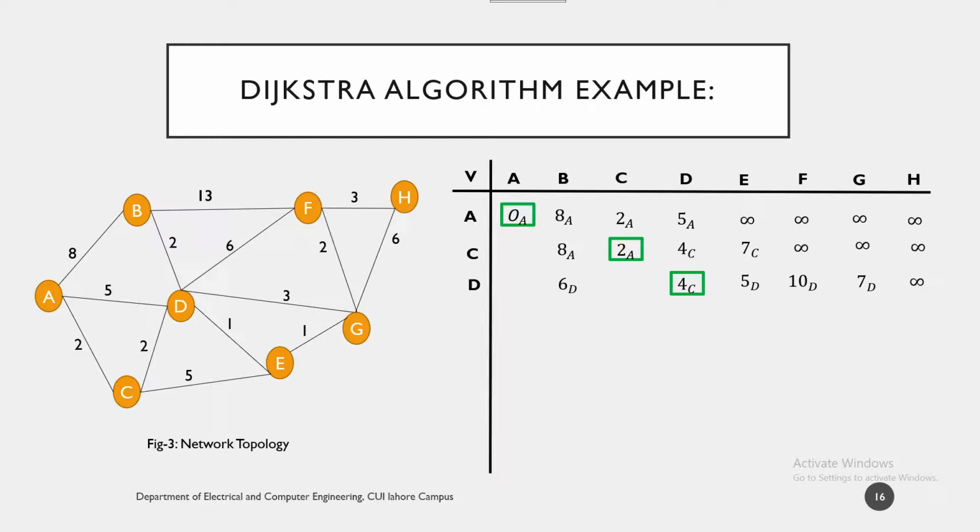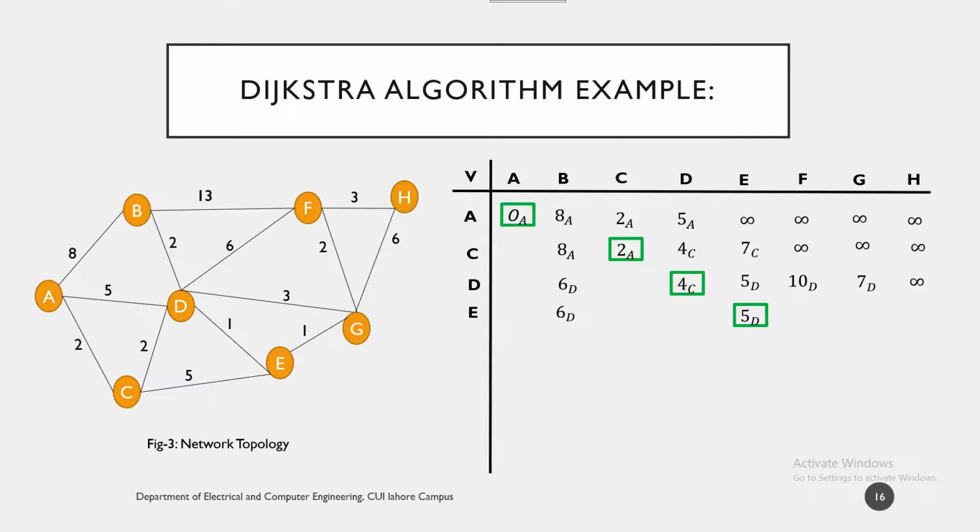In this row now, the smallest value is 5. Write it down and fix it. As D is written under the column E, the next starting point we have is E. B is not directly connected with E, so this distance remains the same. C, D and E are already fixed.